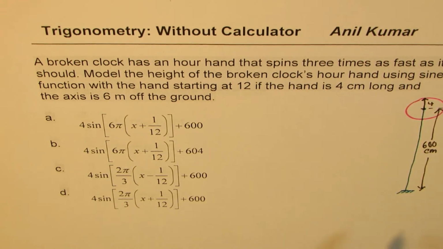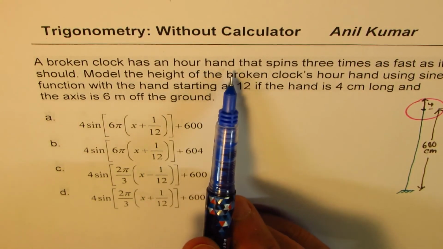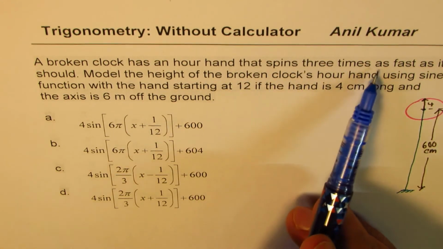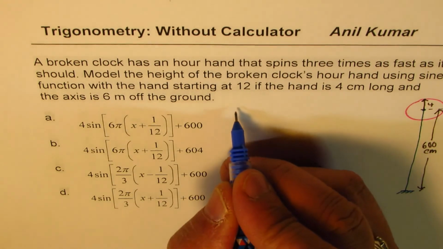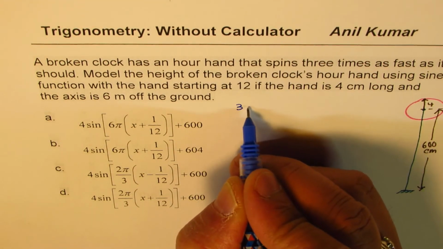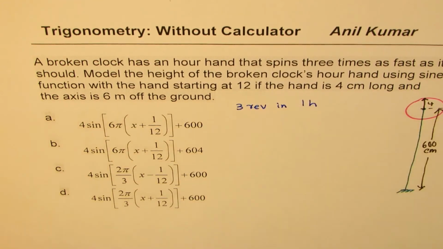Okay, so this is what is given to us. We are also provided with the information that the hour hand spins 3 times as fast as it should. That means 3 revolutions in 1 hour. That is the speed at which it is going.